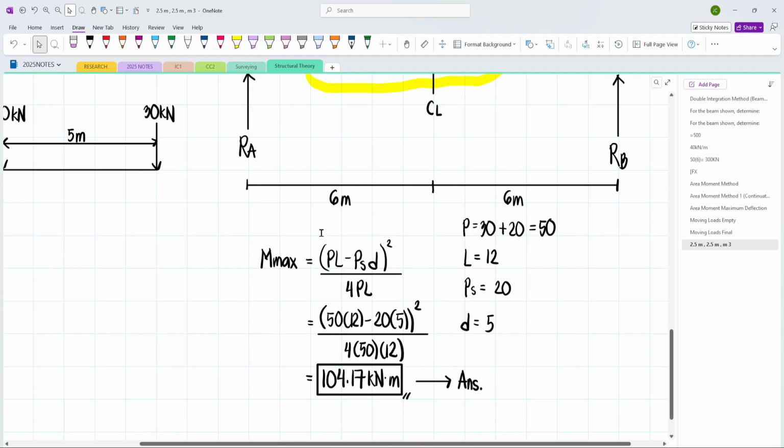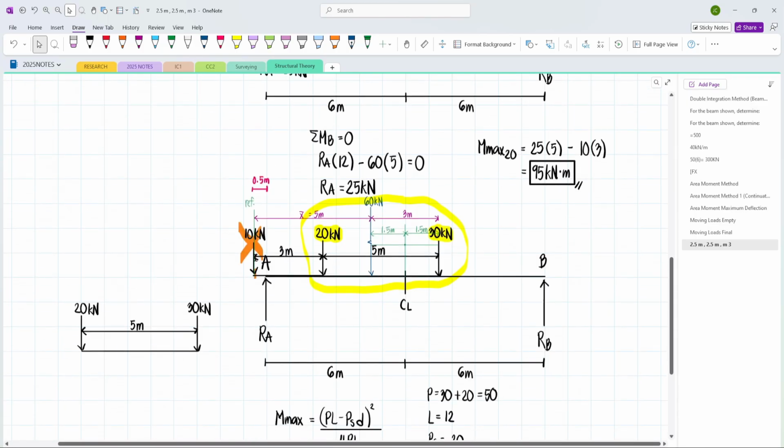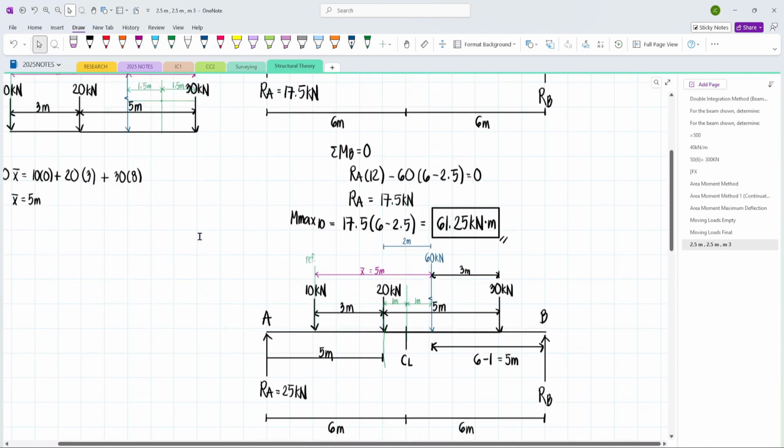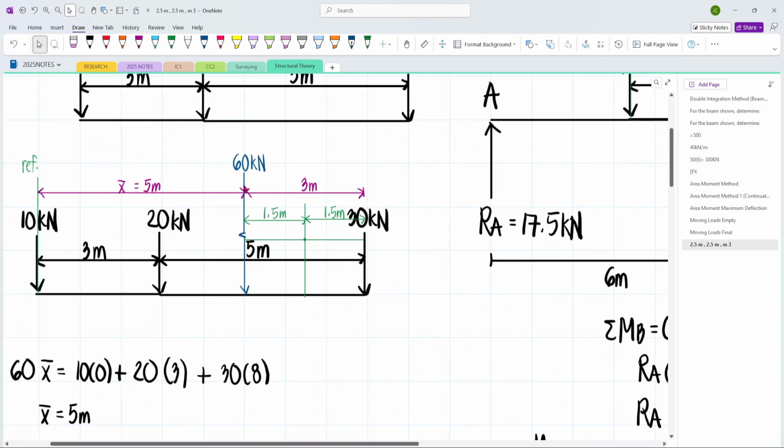Now, for the maximum shear naman, again, for shear, medyo madali lang yung process. Kasi yung gagawin, ilalagay lang natin yung farthest extreme load exactly over the support. So, check natin. Dito sa figure, the distance going to the left extreme load, ibig sabihin yan, pinakadulo, is 5 meters.